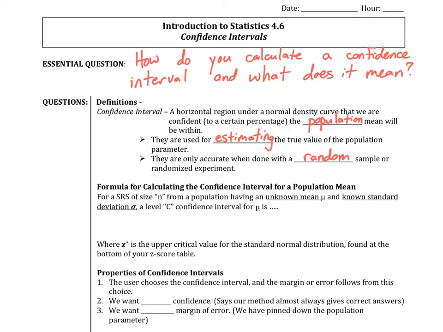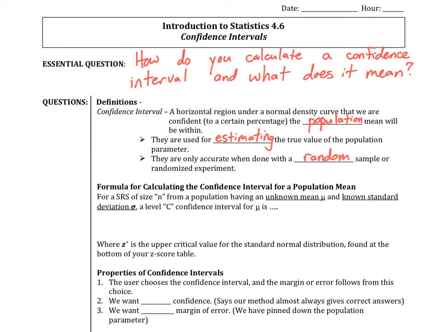A confidence interval is a horizontal region under a normal density curve that we are confident the population mean will be within. So we're trying to find out, based on the samples or the information we're given, how confident are we that the mean of the population will be there?